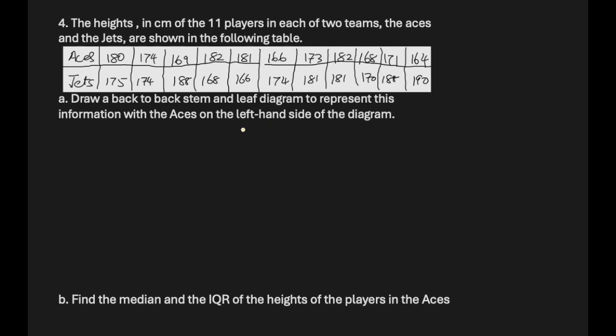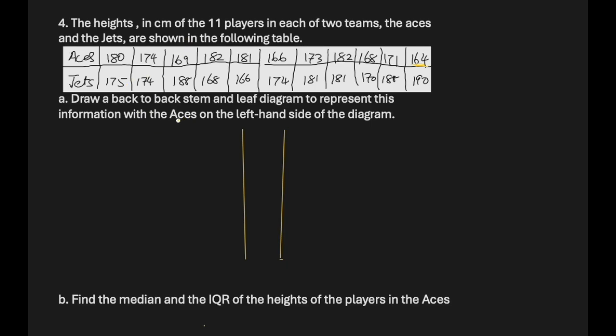So let me put a line here and put a line here. Okay, let's write what is the smallest height here. 169, 166, 164 is the smallest in the first one, which is for aces.